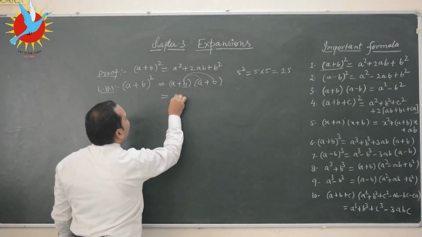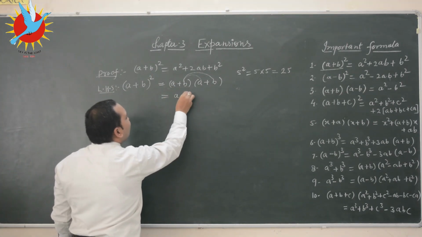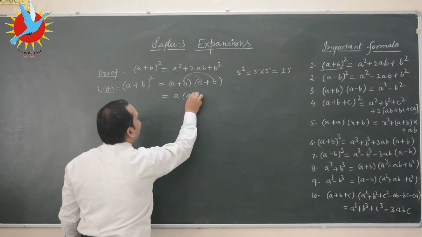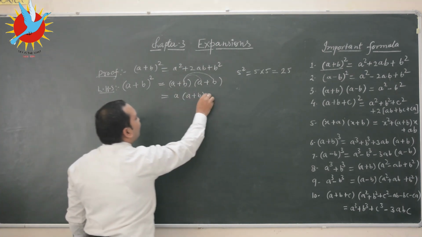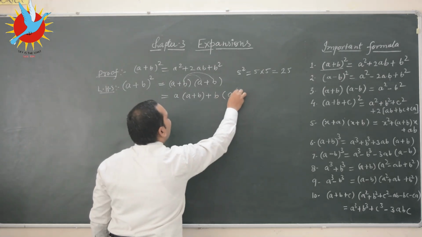So a, the first term of the first expression, multiplies the whole (a + b), and once again plus b multiplies the second expression (a + b).